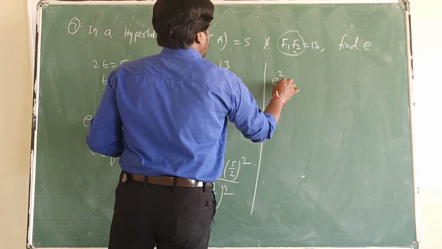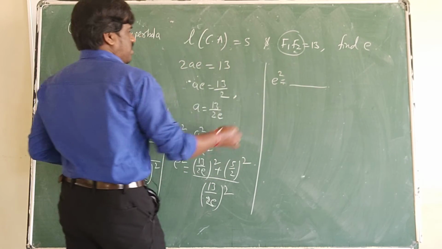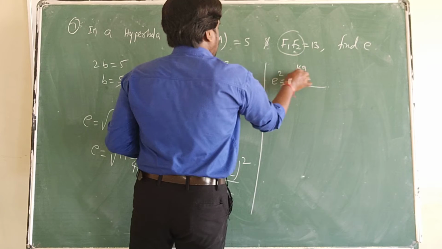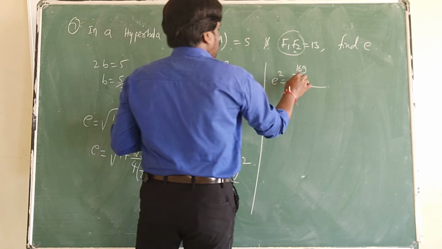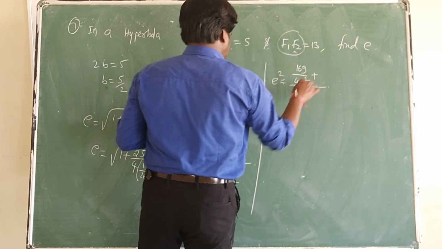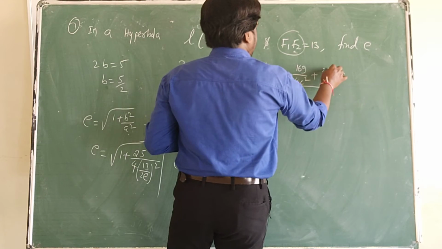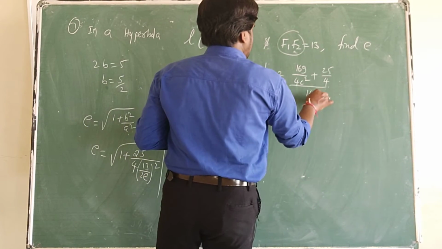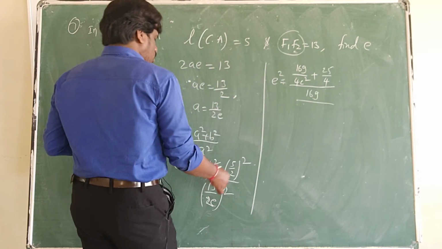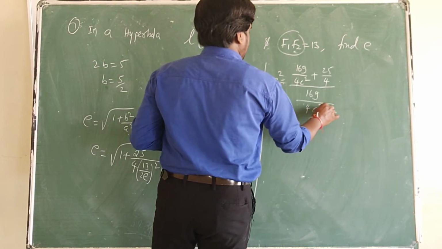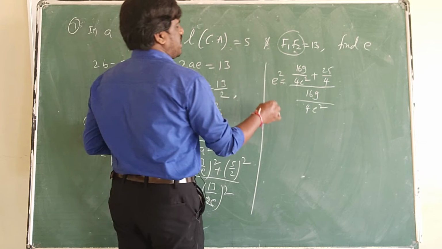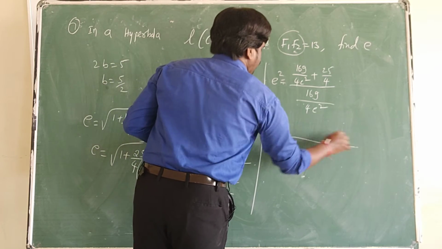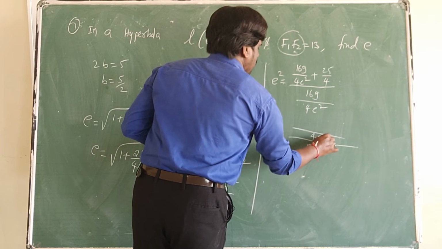E square is equal to, I can write 13 square, that is 169, upon 2 square, 4 E square, plus here 5 square, 25, divided by 2 square, 4, and here 13 square, 169, divided by 2 square, 4 E square. So take the LCM here, 4 E square.